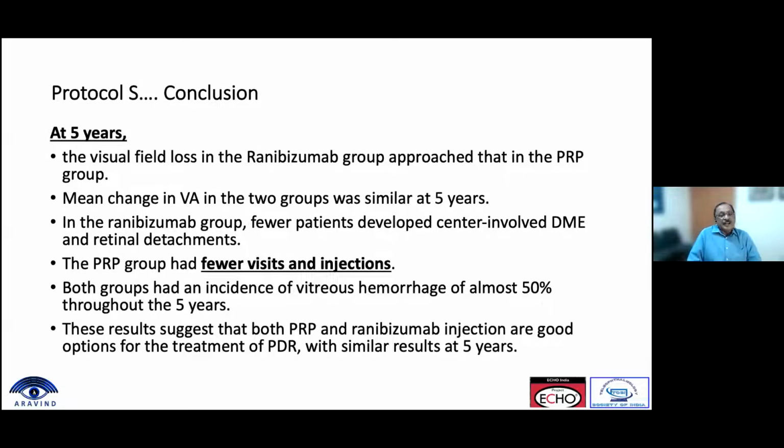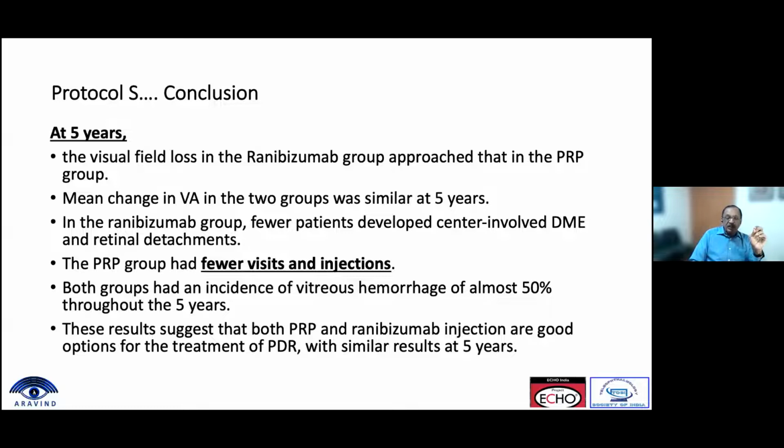Even the 5-year follow-up showed that the visual field loss, which is seen in pan-retinal photocoagulation, was seen even in the ranibizumab group, almost approaching that of the PRP group. The mean change in visual acuity was similar at 5 years, and in the ranibizumab group, only few patients developed center involving diabetic macular edema and retinal detachment compared to the PRP group.